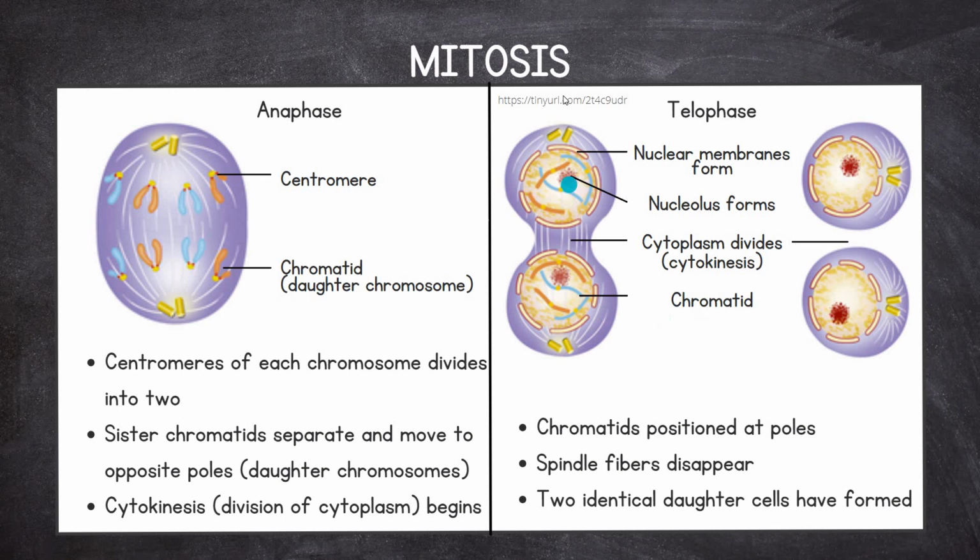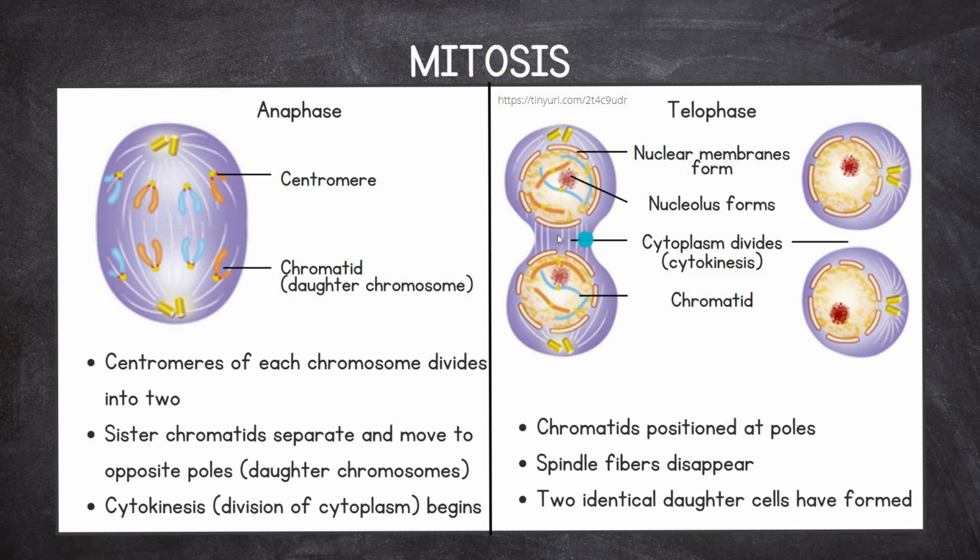As you can see here, they move to the poles. The spindle fibers will disappear, and a nuclear membrane is then formed around both of these like little sections of chromatids. Okay, and inside both of these a nucleolus will also form. Okay.